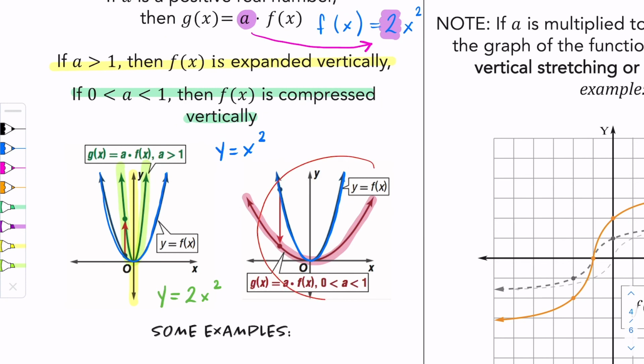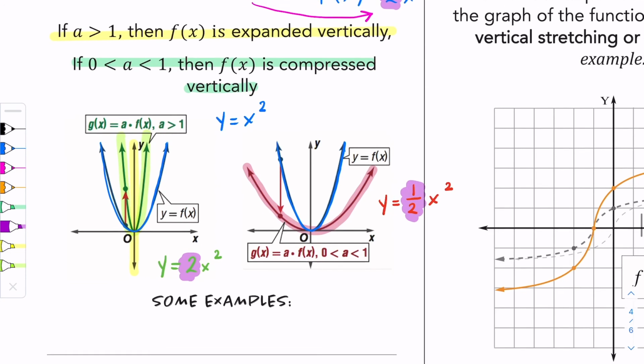For this graph, an example could be something such as y equals 1/2 times x squared. In both of these cases, recognize your a value. 2 is greater than 1, so it's an expanding function. 1/2 is less than 1, so it's a compressing function.